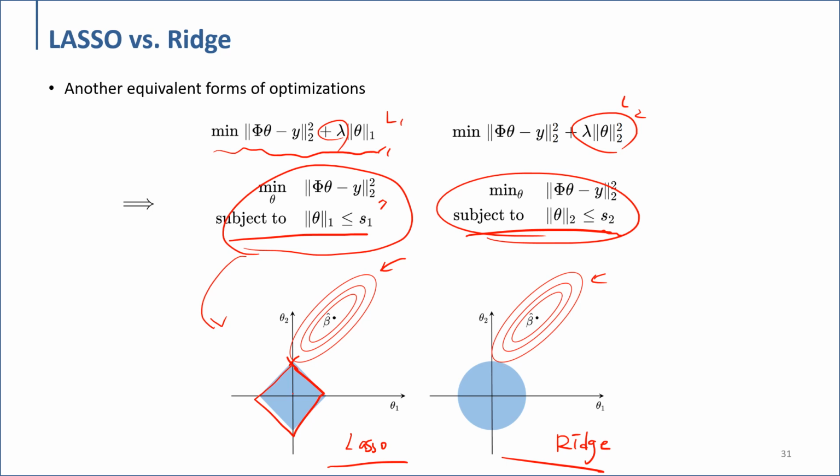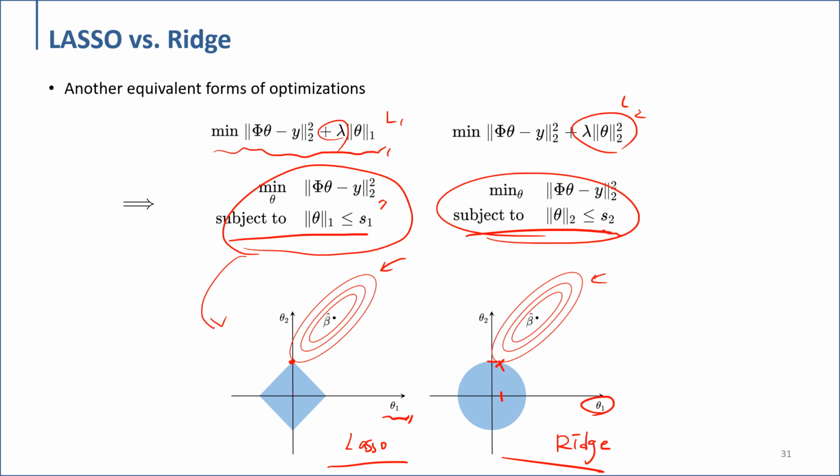Here, by using the L2 norm, we can clearly see that theta 2 has a relatively high value, but theta 1 has a relatively small value. But in the case of lasso, it is very probable to meet at a point where theta 1 is exactly 0.